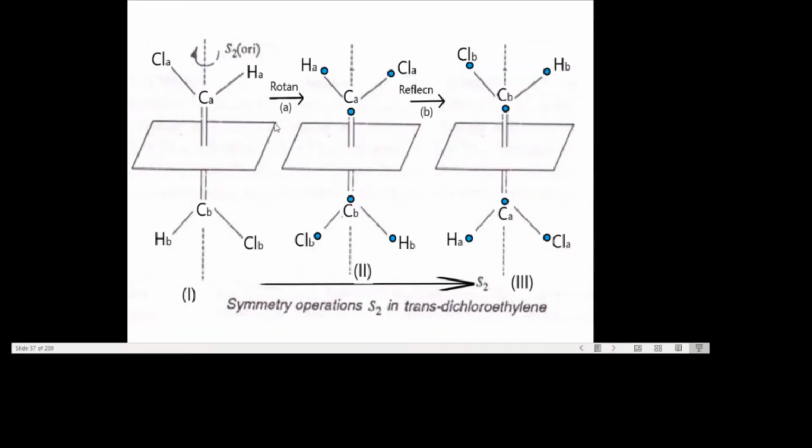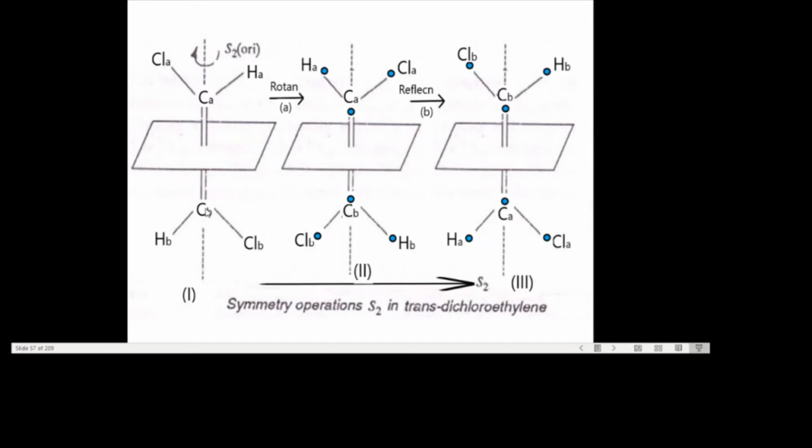So rotation by 180 degrees will interchange chloride A and hydrogen A. Similarly, hydrogen B and chloride B will interchange positions, whereas carbon A and carbon B will rotate in their own positions.